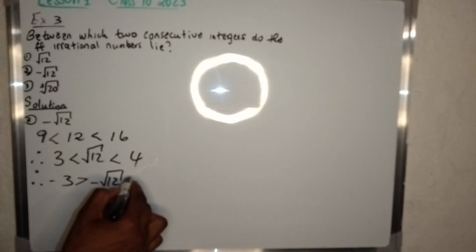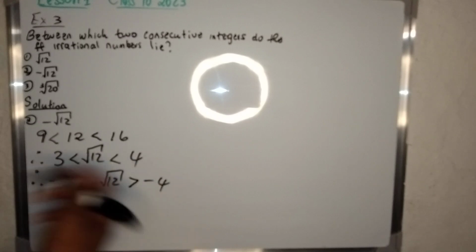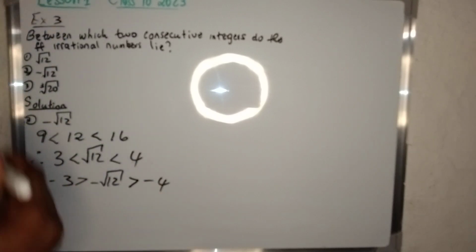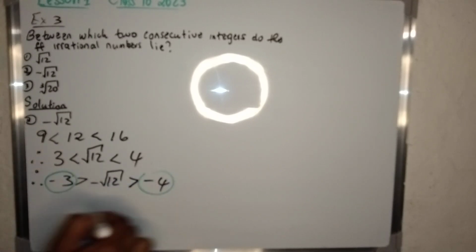If it is less than, it's going to be greater than: negative 4. Okay, so this is how, guys, you do this question. Yeah, then we are done now. We have found the two consecutive integers the rational number lies between, so this is the first one and this is the second one.